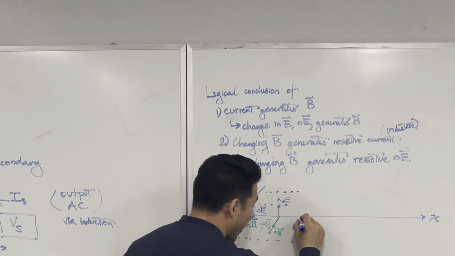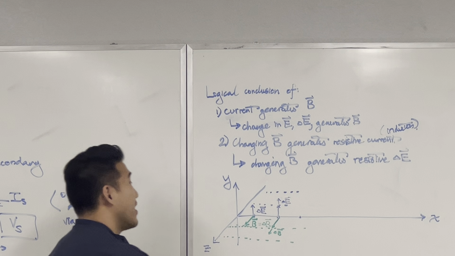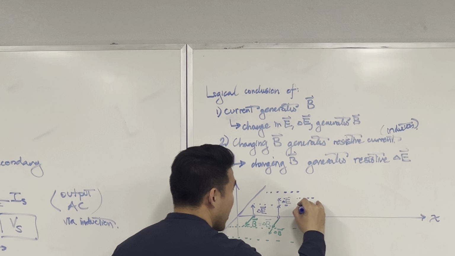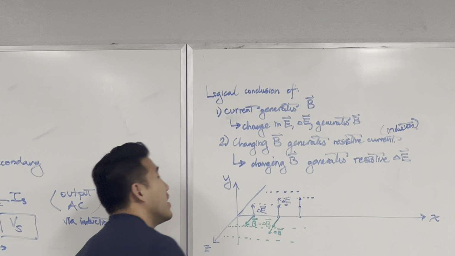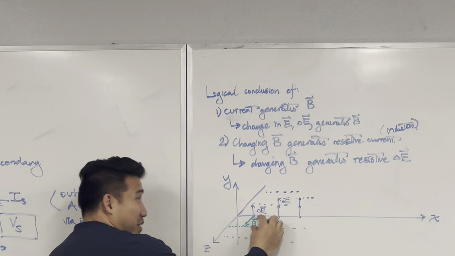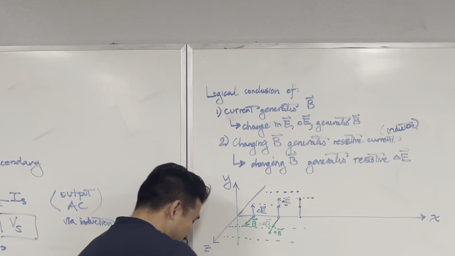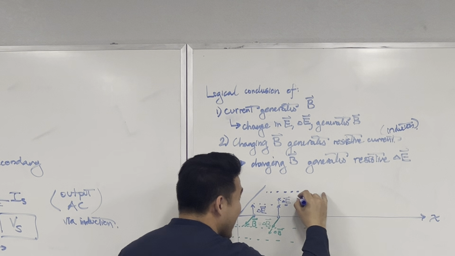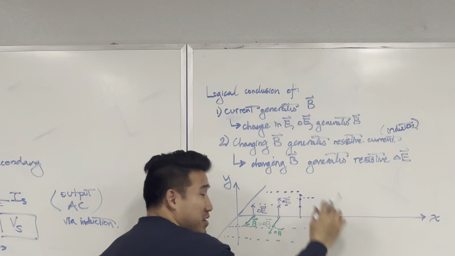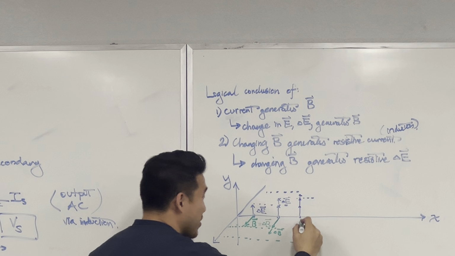Then slightly later over here, this delta B is smaller than this delta B. So the amount that it's extended is not going to be as high. So the change is continuously getting smaller and smaller and smaller. So we have that.